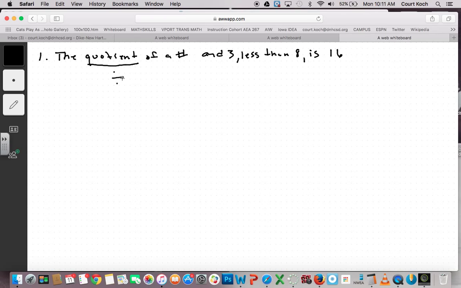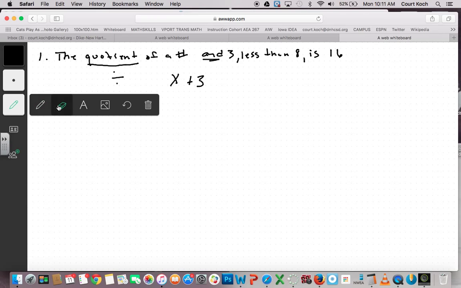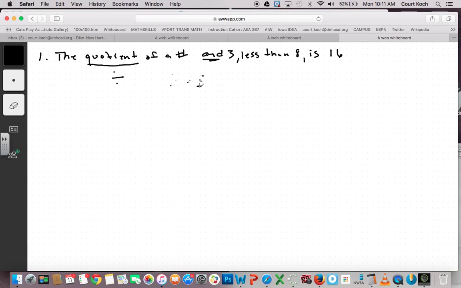Quotient means divide. A number, I still don't know what number means, so let that be x. And 3. And is a word that means plus 3. Or in this case, a quotient, well, we were talking about dividing. So I got ahead of myself and assumed that it was a plus 3.